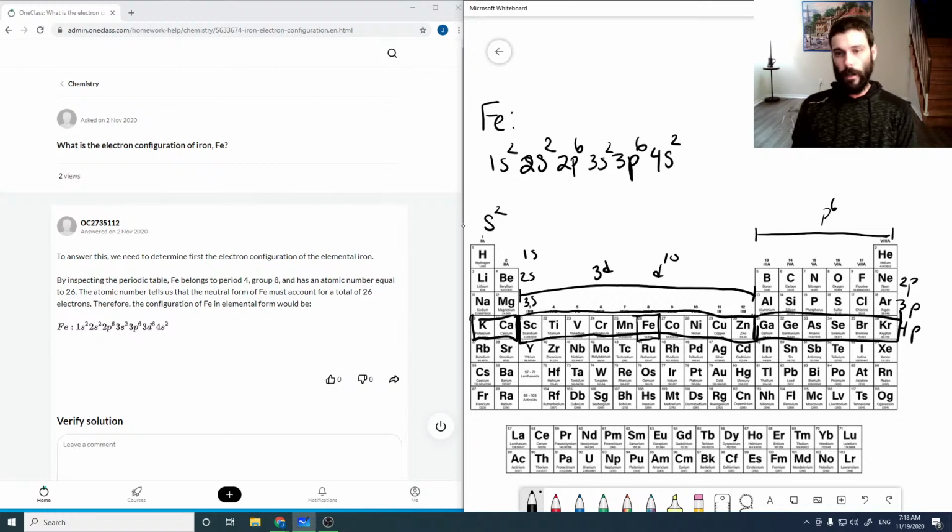So in the 3d block we have 1, 2, 3, 4, 5, 6. So it's going to be 3d6. Now the reason why it's quite helpful that it's named 3d is that this is actually incorrect, because the way we draw the electron configurations is usually energetically. So we'd want to have the 3d first, like that.